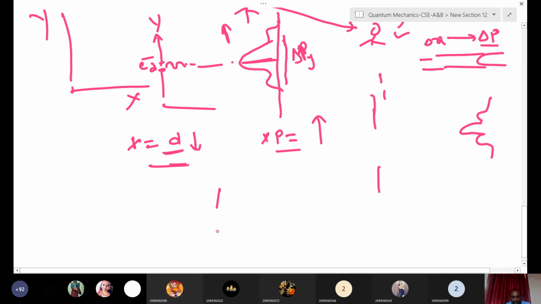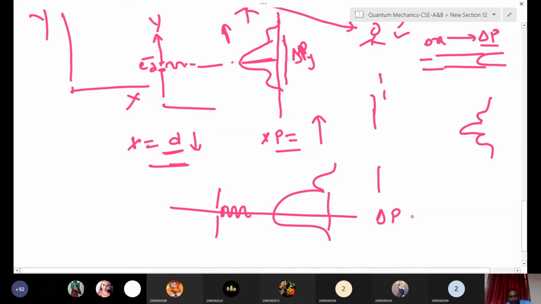Suppose I explain once more. Here the slit width is small, and we get a larger diffraction pattern. The electron moves only within the slit width. But the momentum of the electron we are finding shows a large diffraction pattern. Delta p is large here because the slit width is small.